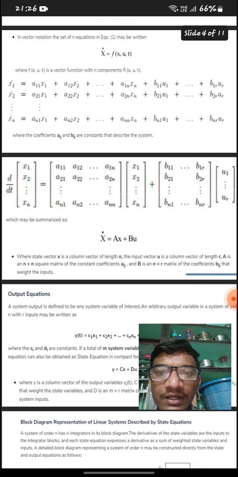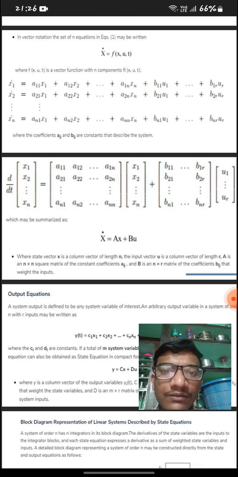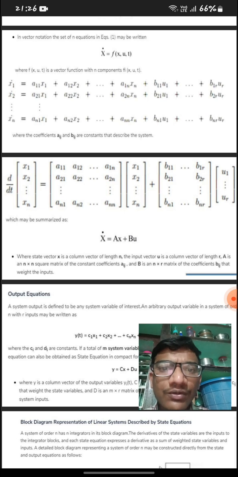Here d by dt of x1 to xn is x dot, the matrix of a coefficients is a, and x1 to xn is x, so that gives ax. The b matrix and u1 to ur, the u vector, give bu.